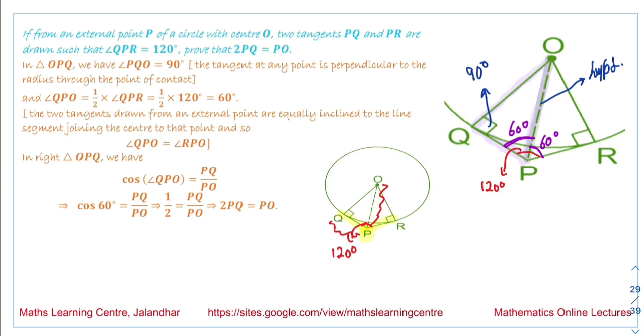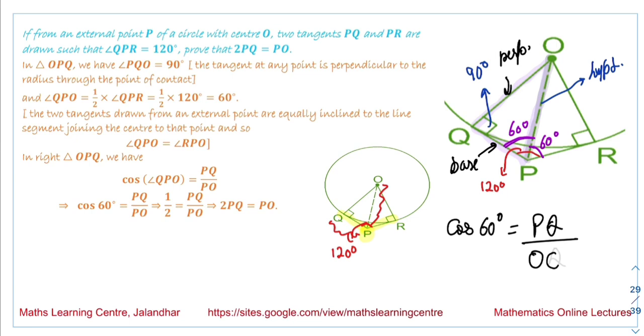This side over here is the base and this is the perpendicular. So if we calculate the value of cos 60 degree, that should be equal to base over hypotenuse, which is PQ over OP, and the value of cos 60 we know is equal to 1 by 2.